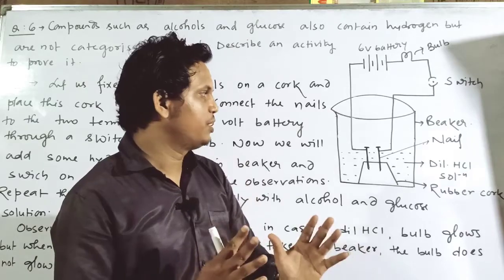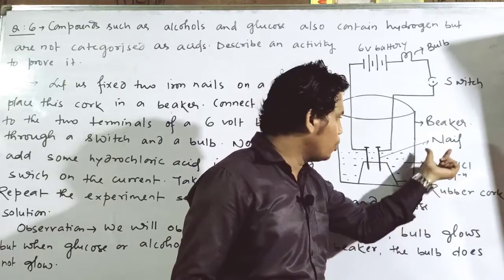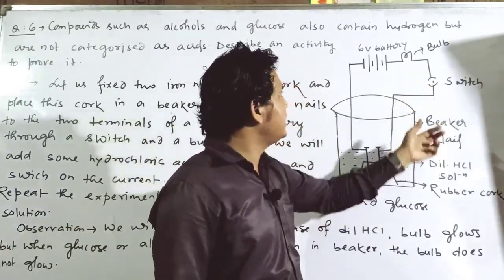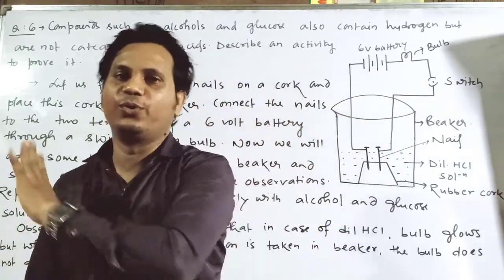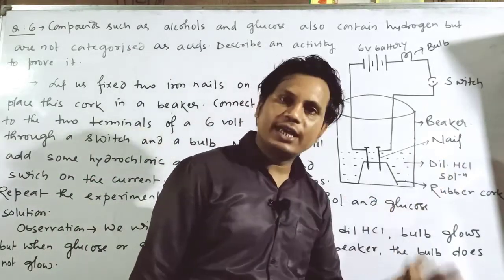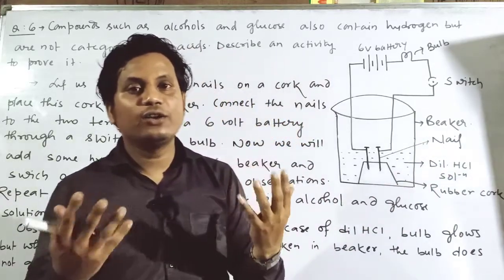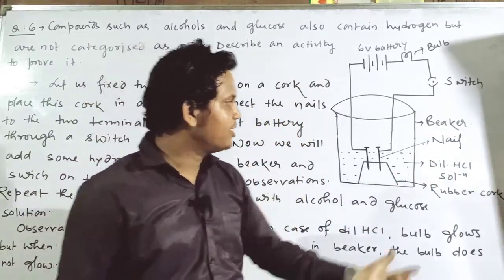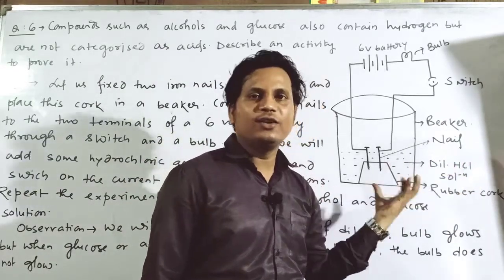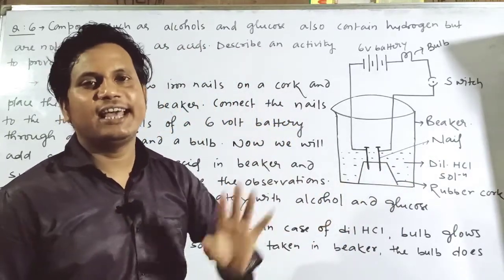But if we take glucose solution or alcohol solution and then switch on, it is seen that the bulb does not glow. So if we take dilute HCl or any other acid like sulfuric acid, the bulb will start glowing. It proved that dilute acid HCl gives H plus ion in water.